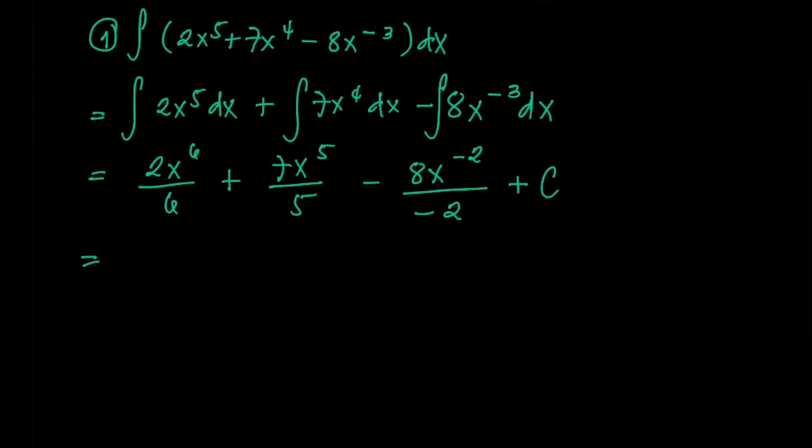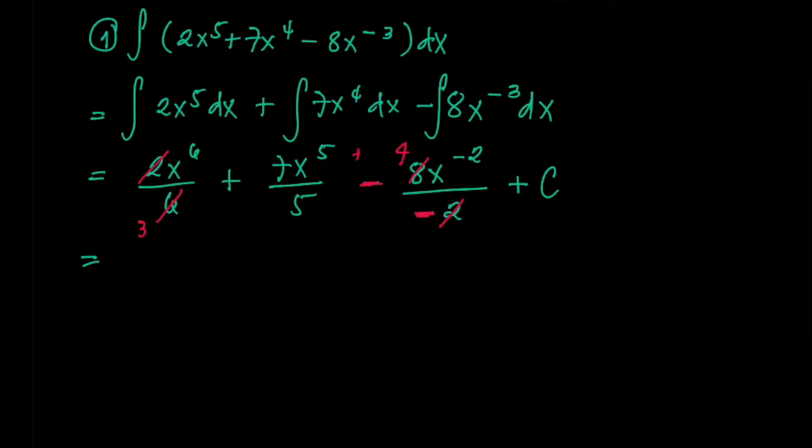Then to further simplify, this becomes 3 and this becomes 4. And since this is negative and negative, negative times negative is positive, and this would become positive.